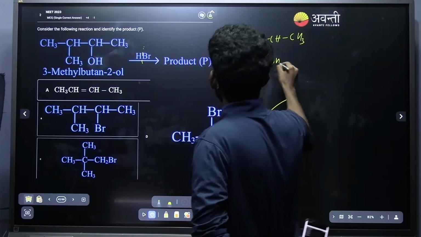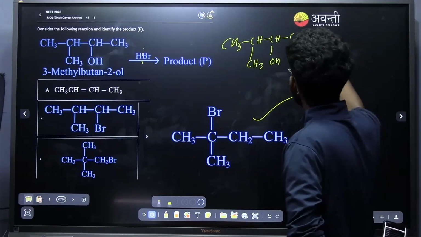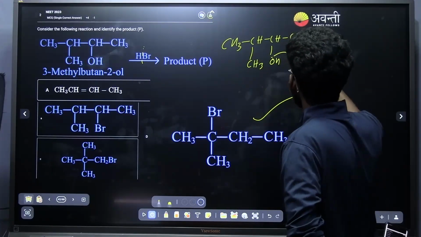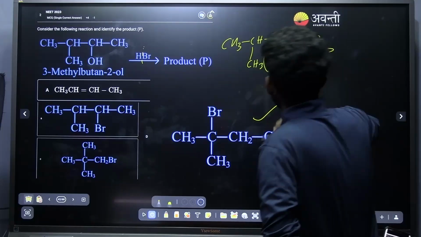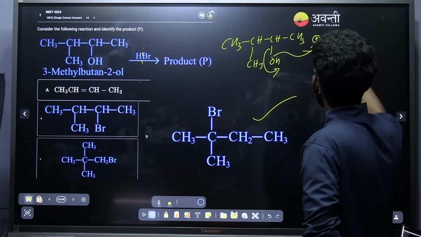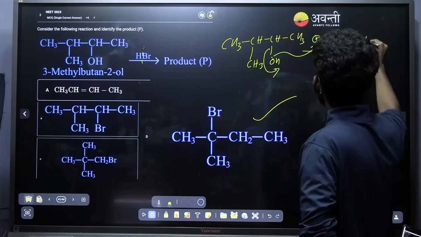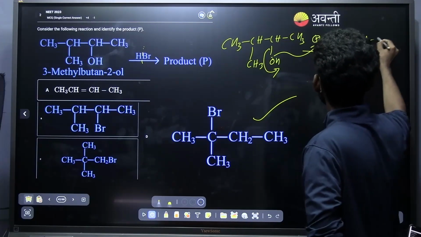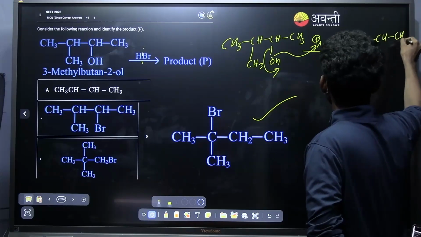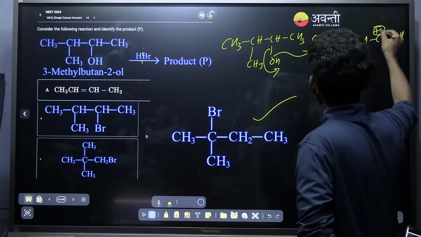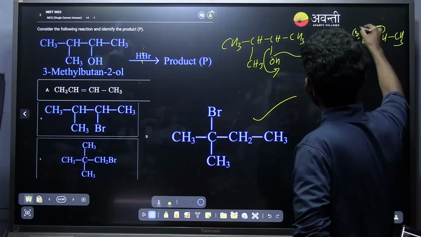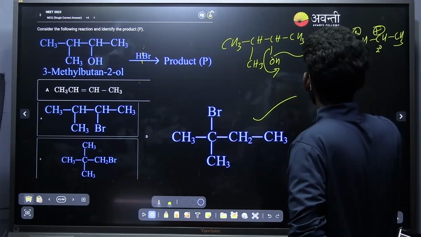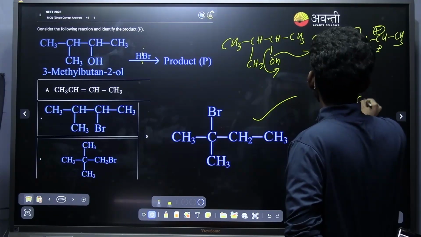H plus will be attacking on the OH, releasing water and resulting in the formation of a carbocation. We can directly follow the Markovnikov rule here, but we have to check for rearrangement of the carbocation. This is a secondary carbocation, and it can rearrange itself to a tertiary carbocation.